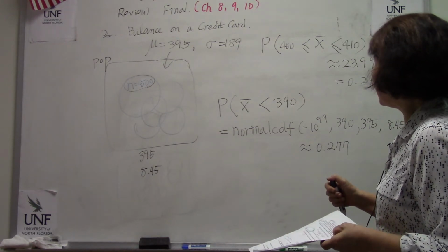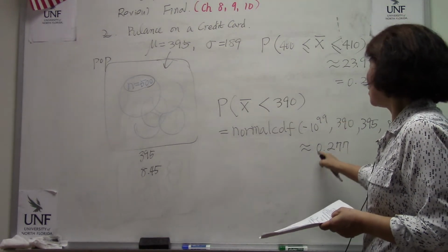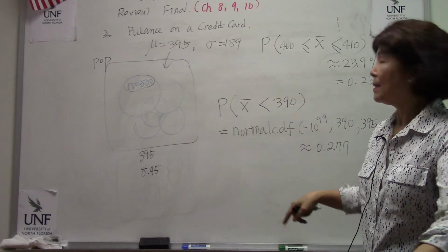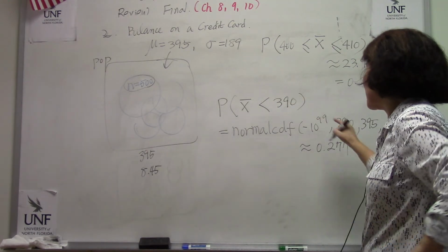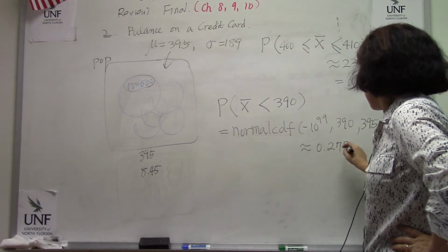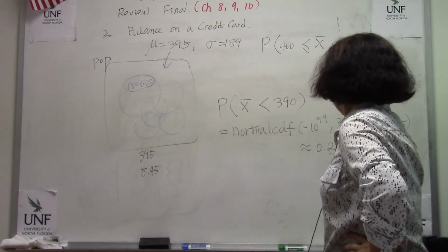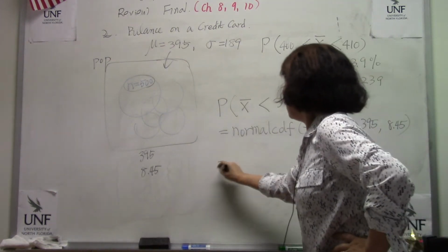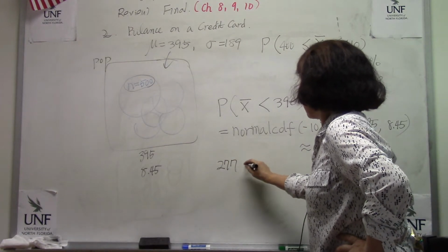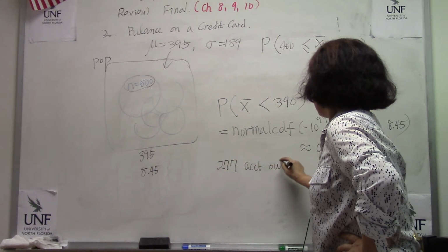Anything about sampling distribution is that it's not about a single sample. So what that means is, well, this is about 0.277, so 277 accounts out of what?